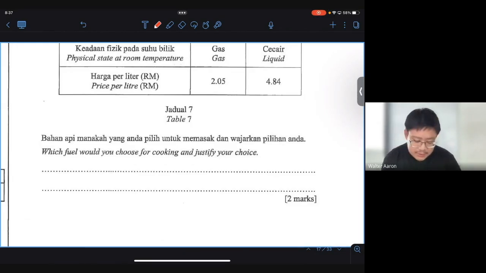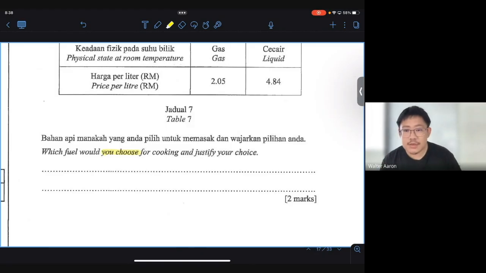Justify your choice. Now, this is a not so popular question because this is more towards thinking. You have to apply it. All right. Now, again, there is no right or wrong in this question. Meaning to say, because this is based on your choice, you choose.